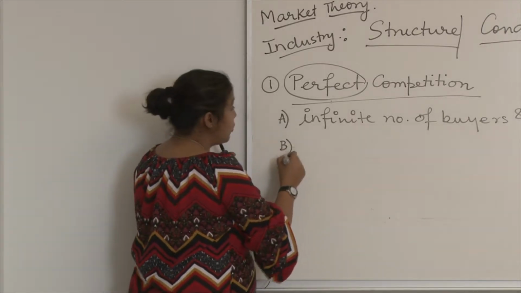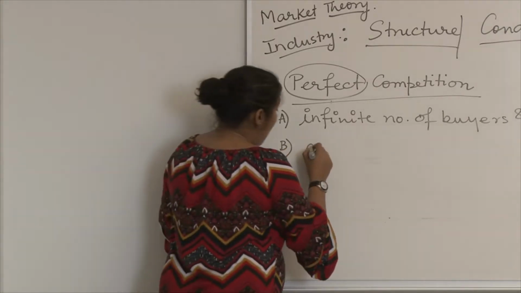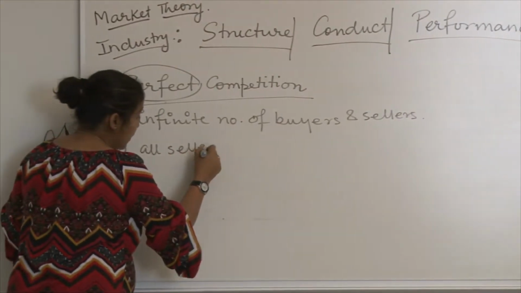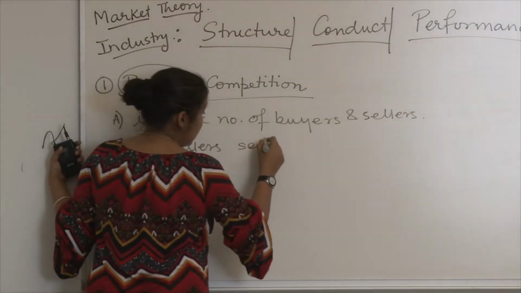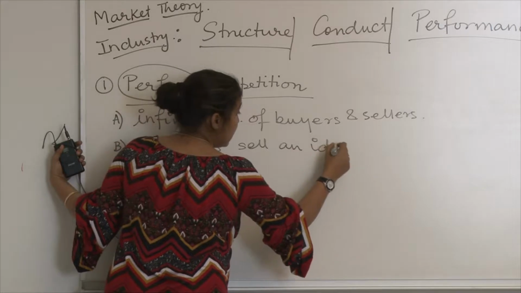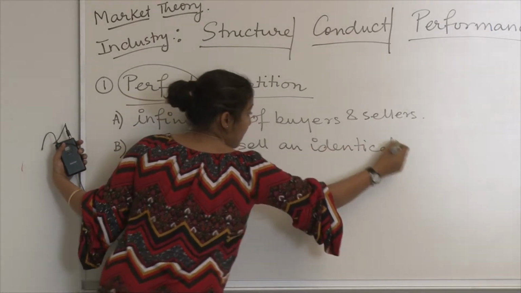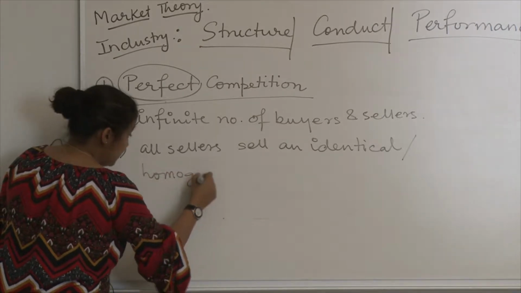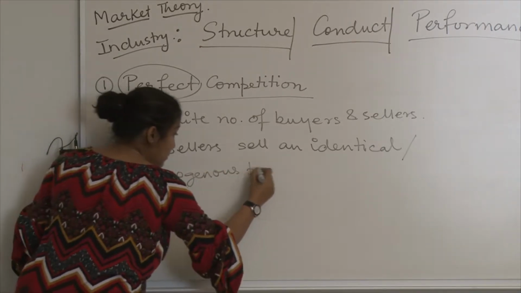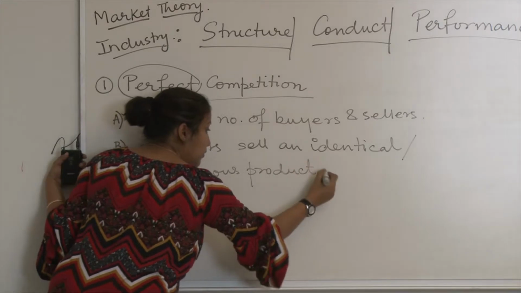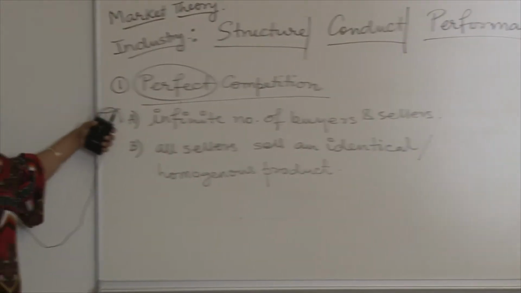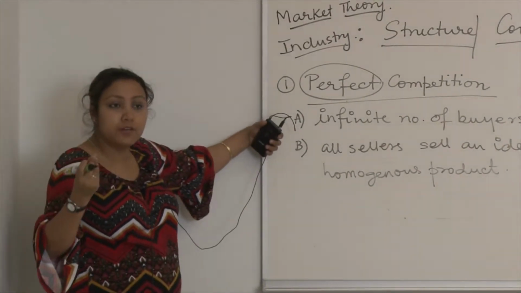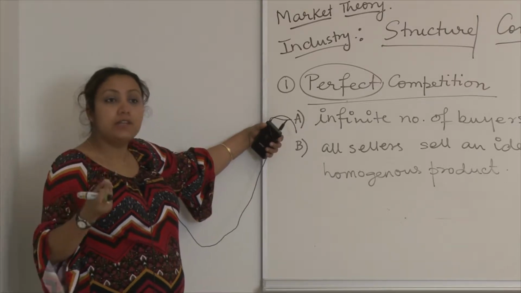The second feature of this market is all sellers sell an identical or homogeneous product. That means there is no difference whatsoever, not even a hair difference in the product that each seller is selling.